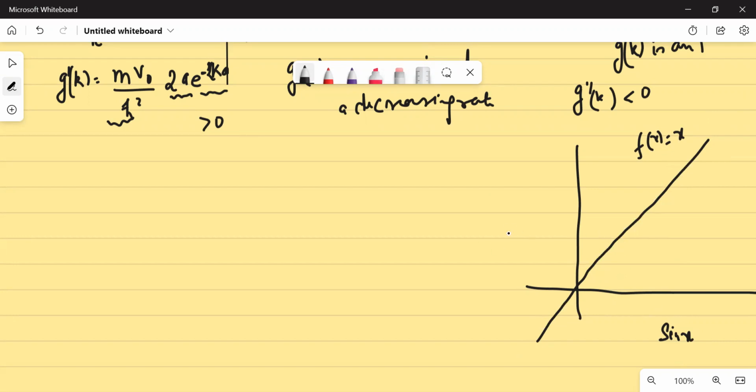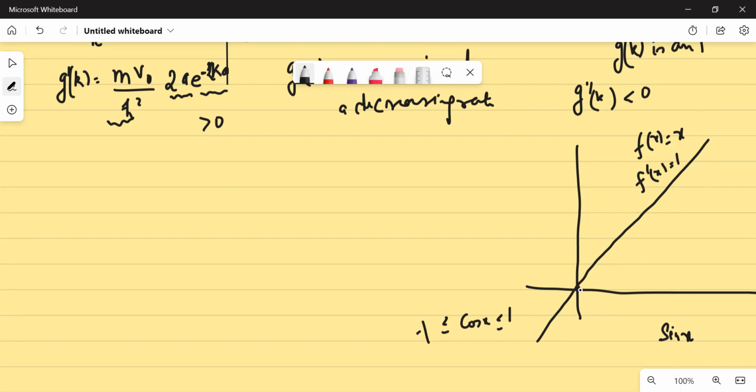For that, wherever you compare two functions, you also look at the slopes. So this is f(x) equal to x, the slope is 1, and this is constant throughout. But the slope of sin x is cos x, which lies between -1 and 1. In principle, it is always less than 1.